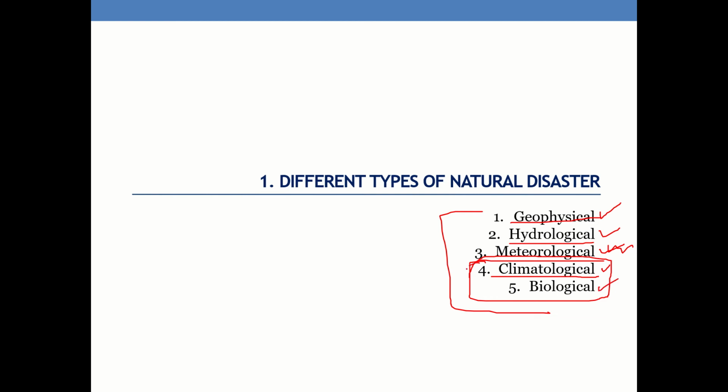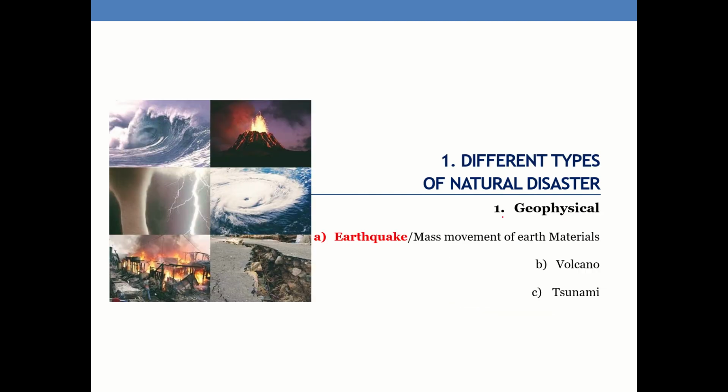However, we can briefly discuss climatology and what we can do from an architecture perspective. As far as the first type, geophysical disaster, is concerned, there are subdivisions. There are other disasters which are put under geophysical disasters.